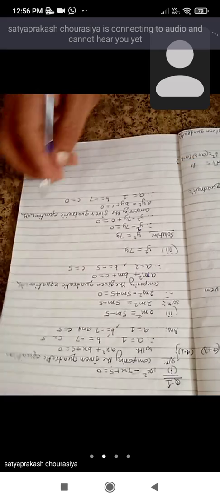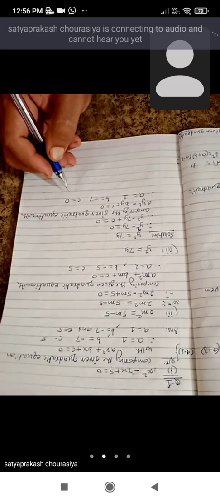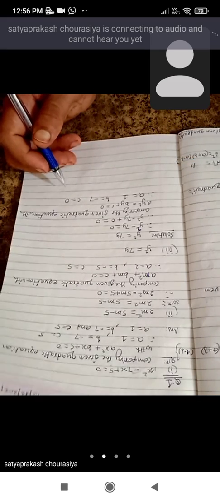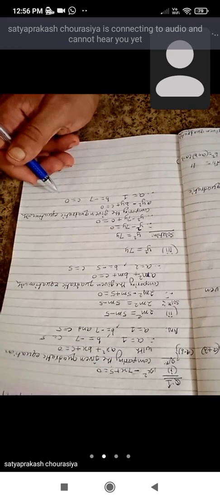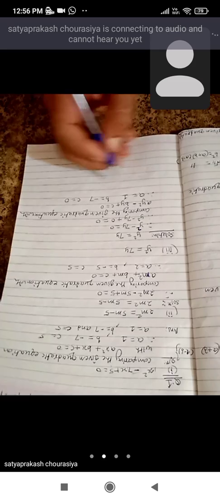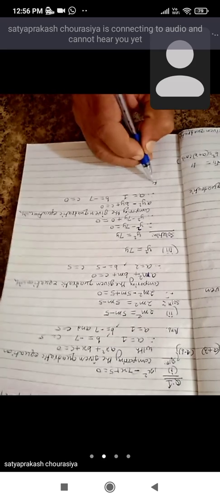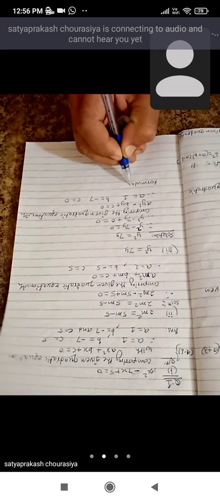Now let's see the formula that we will use to find out the solution of the quadratic equation, or to find out the roots of the quadratic equation. वो formula देखेंगे. ठीक है? The formula and then we will utilize it.